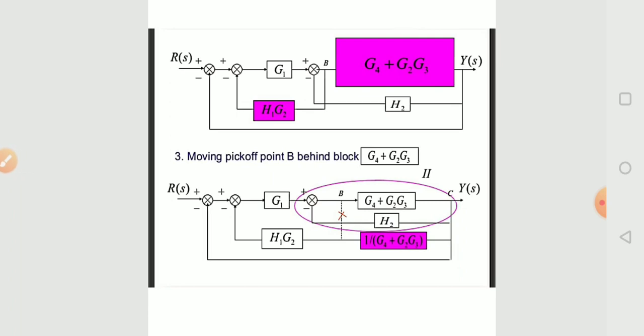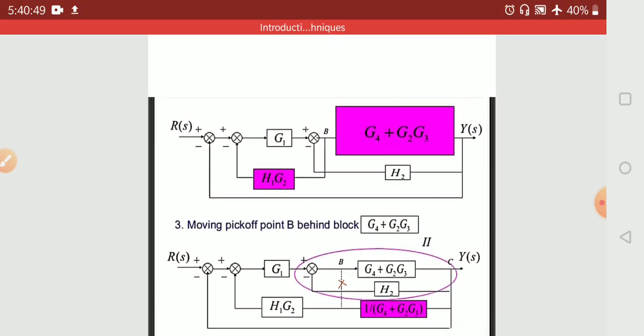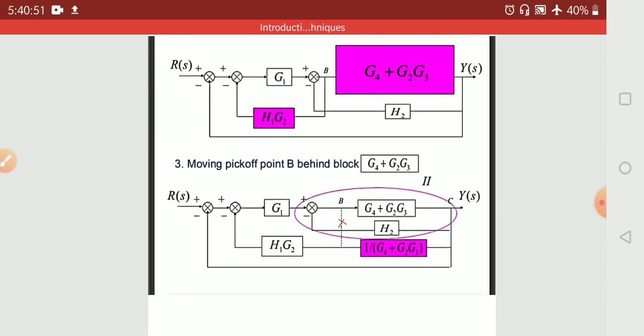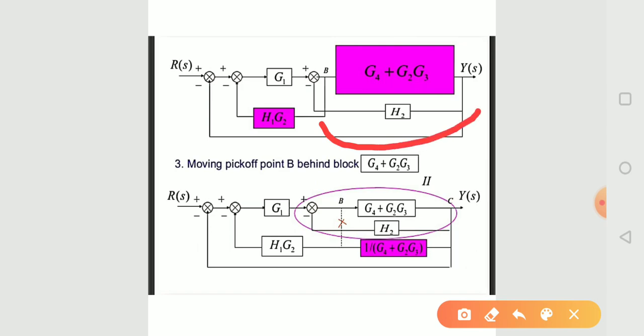After that our block looks like this. So here also we want to move the takeoff point behind the block. If we take this point behind the block, we multiply by 1 over G, as per the rules of block diagram techniques.